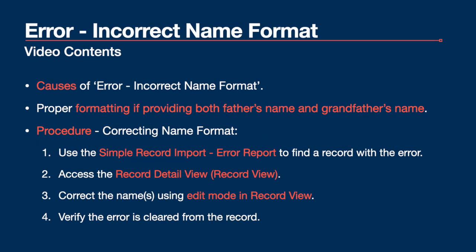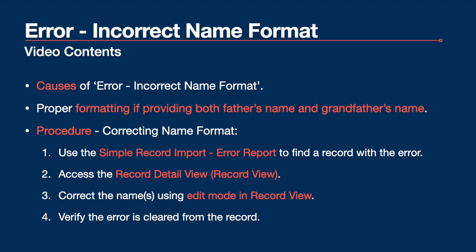Topics in this video include looking at the causes of the error for incorrect name format. We'll also look at proper formatting if you provide a data set that includes records with both the father's name and grandfather's name. And then we'll look at the procedure for correcting the name format.